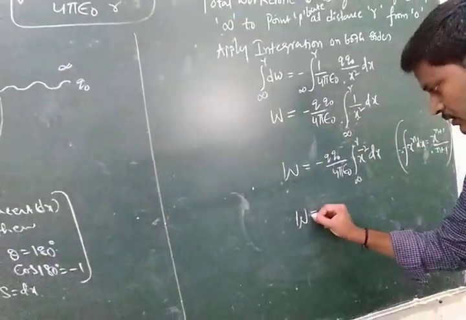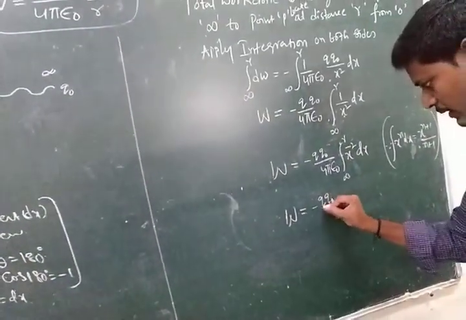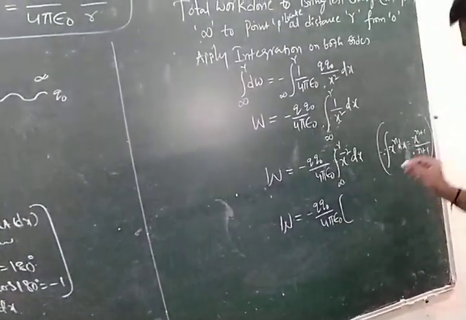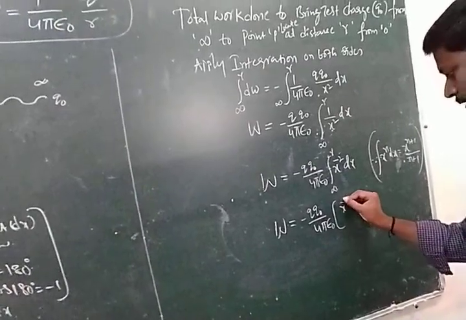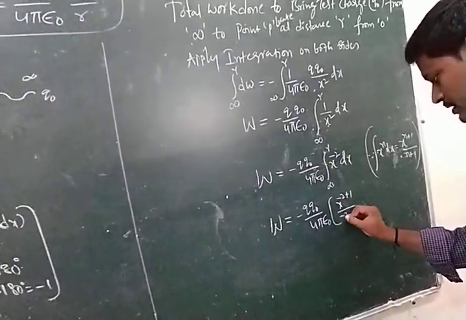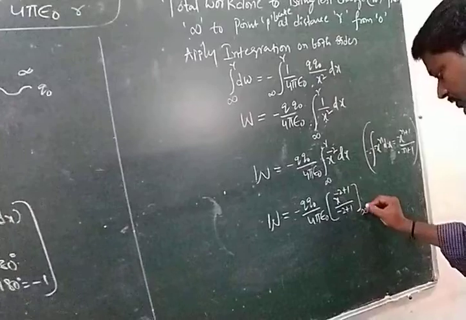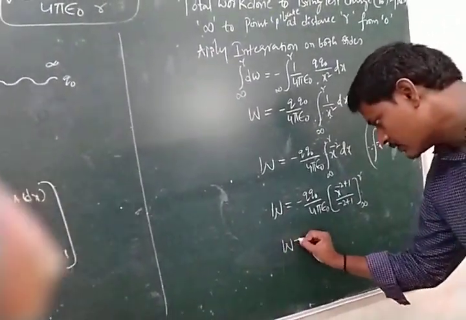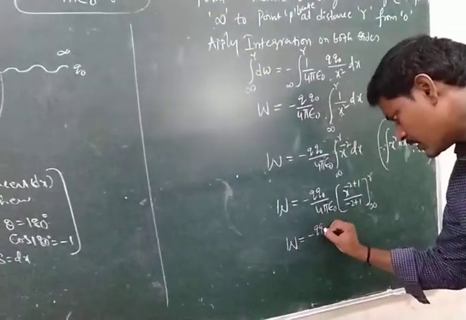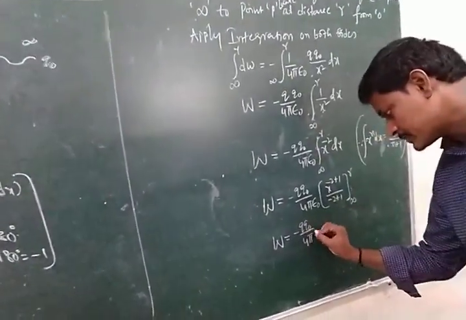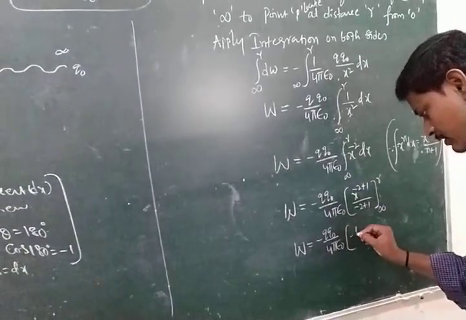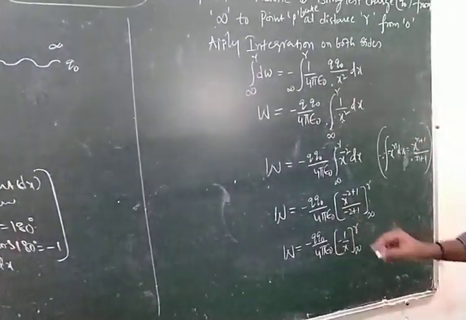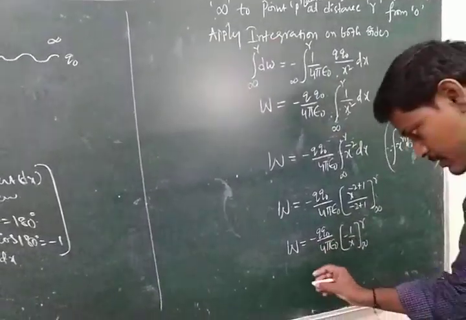Therefore, W is equal to minus Q naught divided by 4 pi epsilon naught. So x power, what is it, minus 2 plus 1 divided by minus 2 plus 1, limits infinity to R. So W is equal to minus Q naught divided by 4 pi epsilon naught, minus 1 by x, infinity to R. After simplification, the minus gets cancelled.